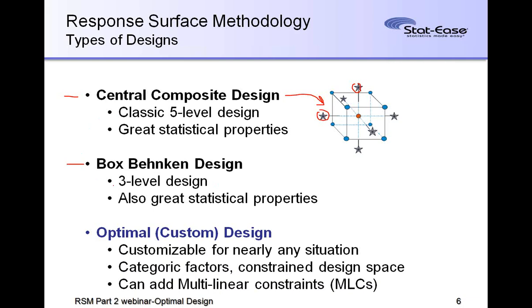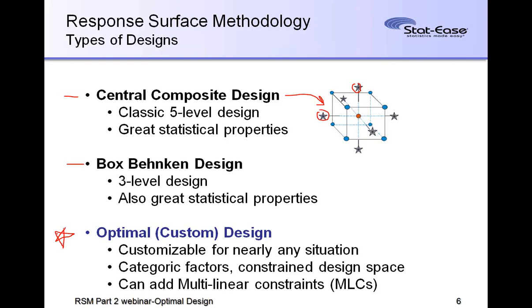So these are two great choices when you have a quadratic model and just a regular shaped design space that you can run your design in. The one we're focusing on today, that third one, is our optimal designs. So these are customizable for nearly any situation. You can use categoric factors along with numeric factors.